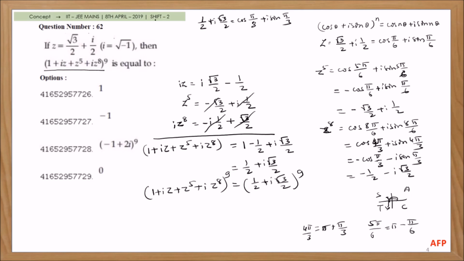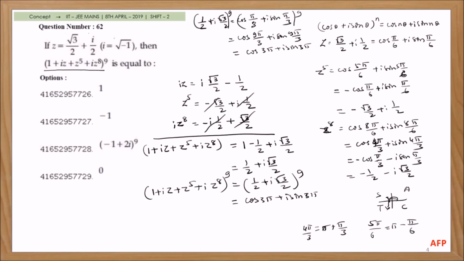If I take the whole raised to 9 here, I am supposed to take 9 there also. So what am I getting? Cos 9 pi by 3 plus i sin 9 pi by 3. So here you can write cos 3 pi plus i sin 3 pi.